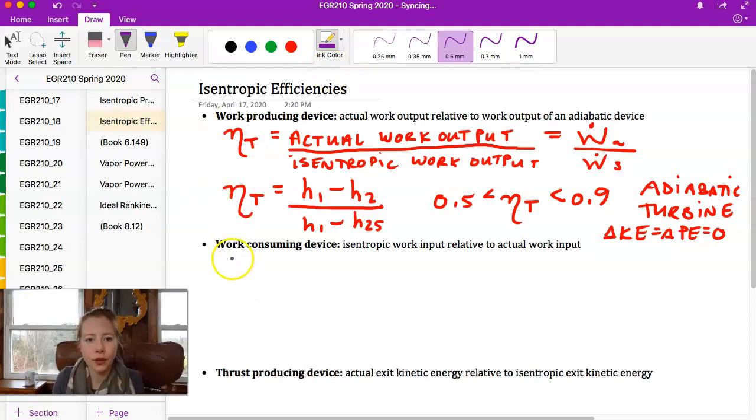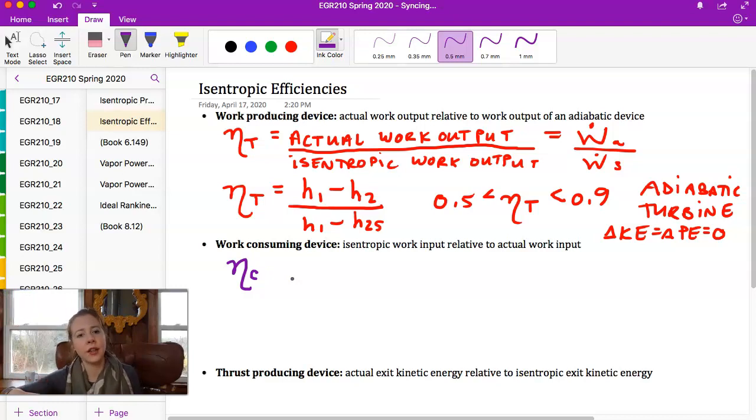So the isentropic efficiency for a compressor, so I'm going to use a C for compressor, for example, and a compressor is an example of a work-consuming device. A pump is also an example of a work-consuming device, because you have to put energy into a pump to, say, move water uphill, from a lower elevation to a higher elevation.